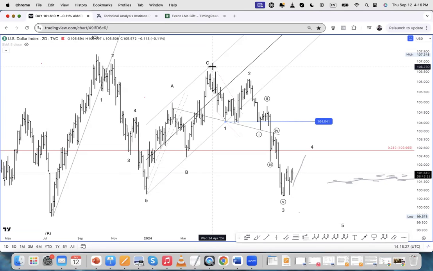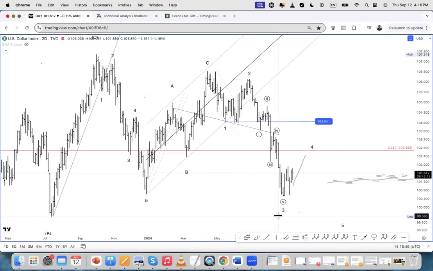In other words, we try to go from the feeling of uncertainty to probabilities. Okay, so what are the probabilities here? Well, we have 5 waves down and 3 waves up. What are the probabilities? Well, odds favor the downside.